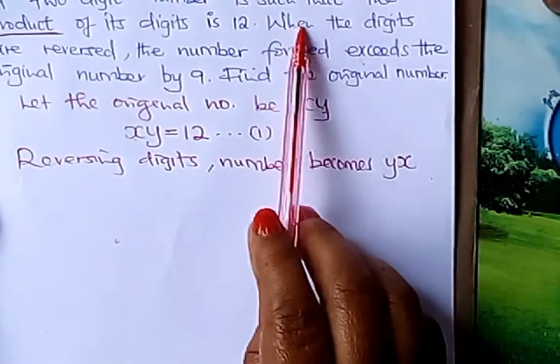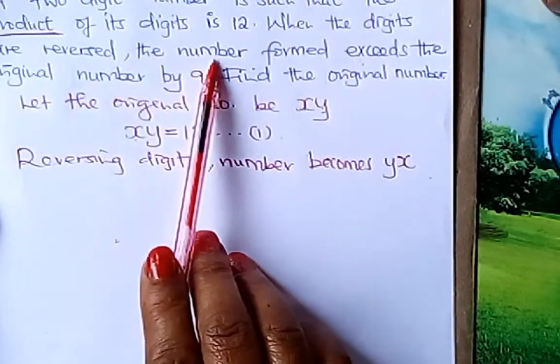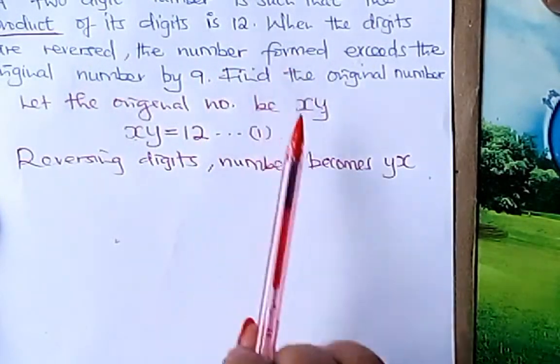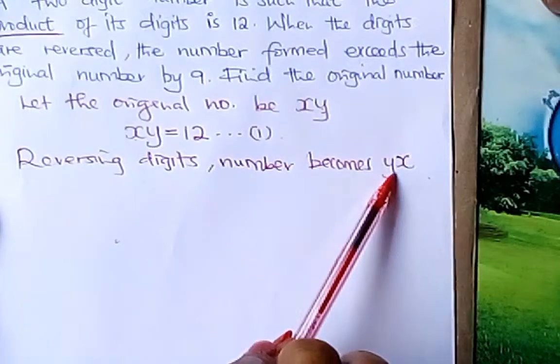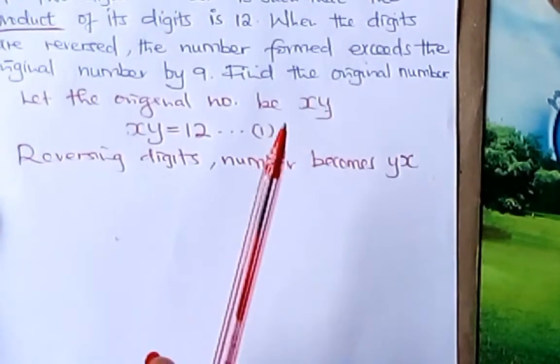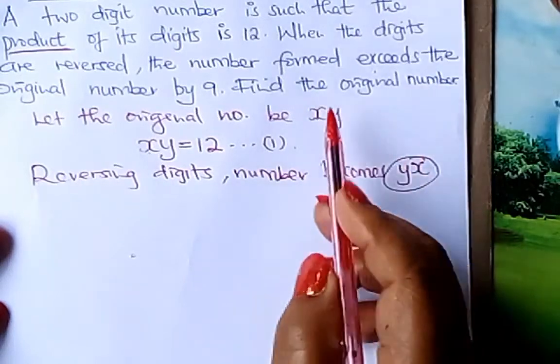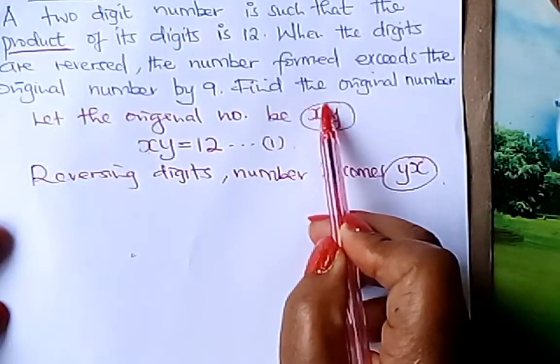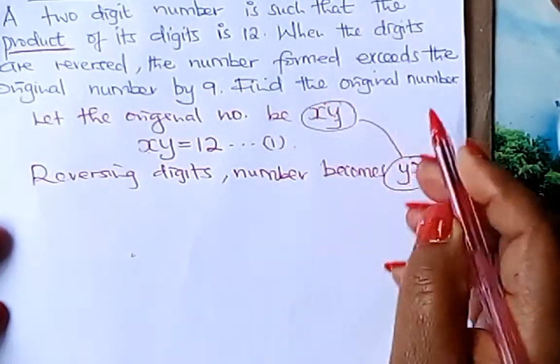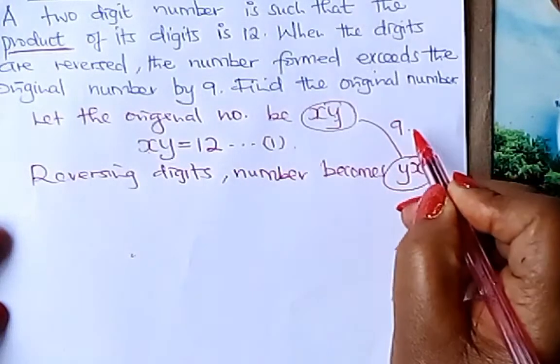We are told that the number formed exceeds the original number by 9. The difference between these two is 9.